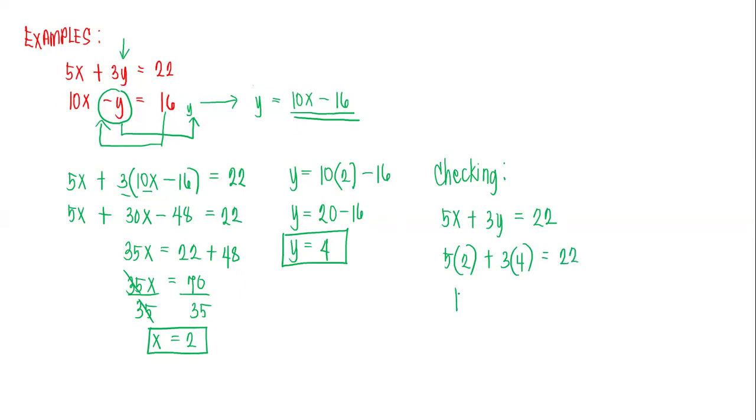So we'll have 5 times 2, 10, plus 3 times 4, which is 12, equals 22. So 10 plus 12 is 22. That is equal. The values should be equal on both sides. If it is not equal, it means there is a wrong value in our solution.